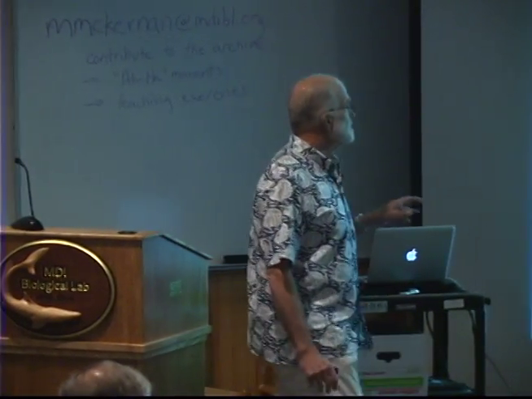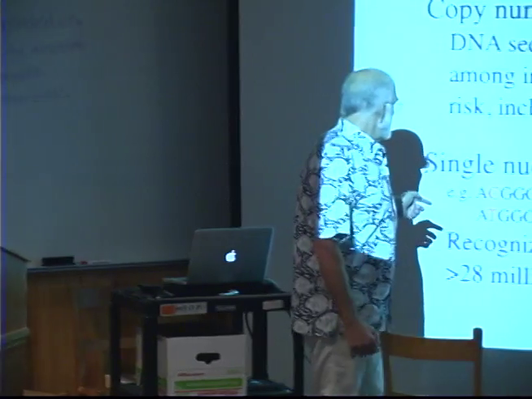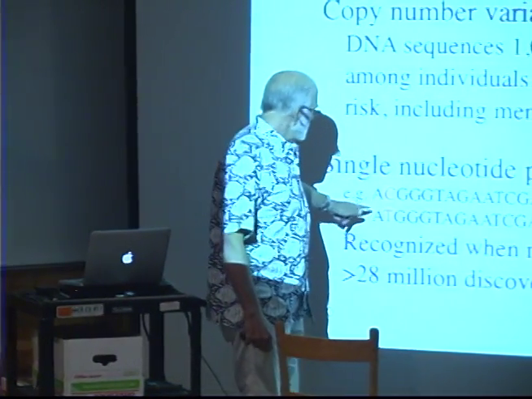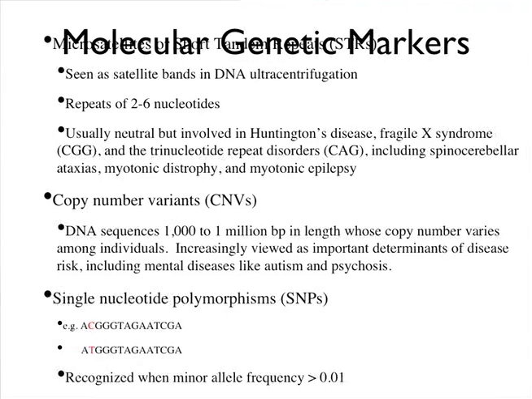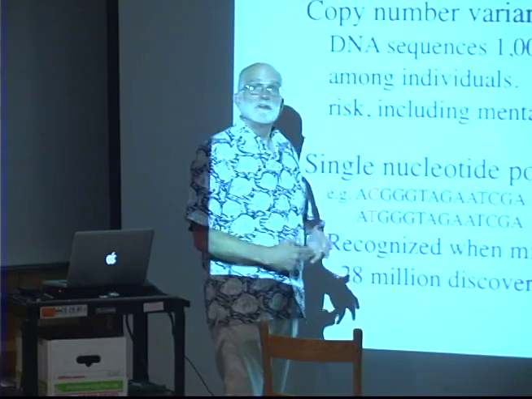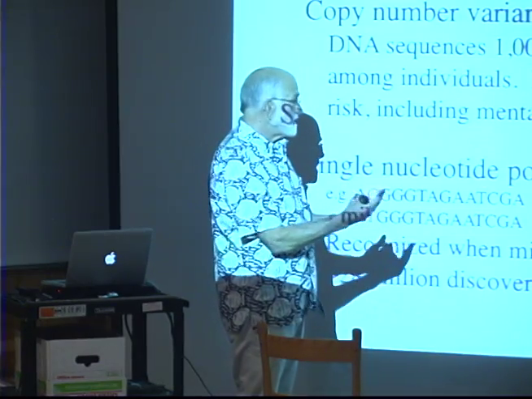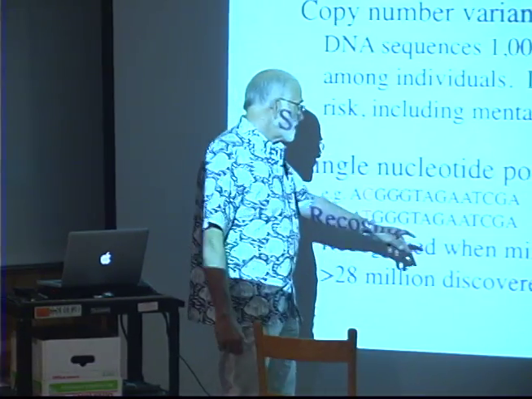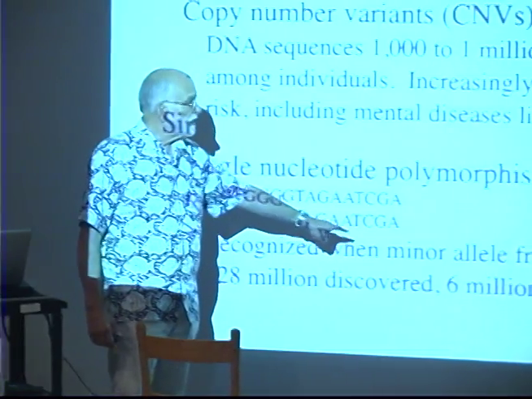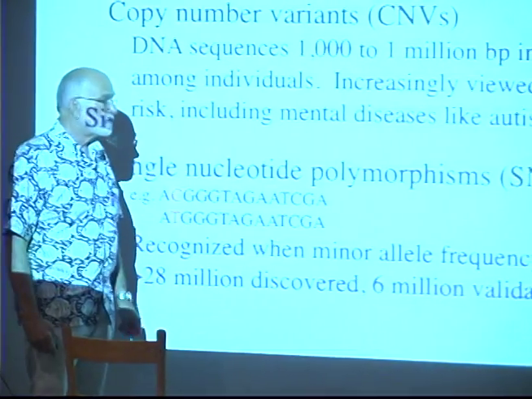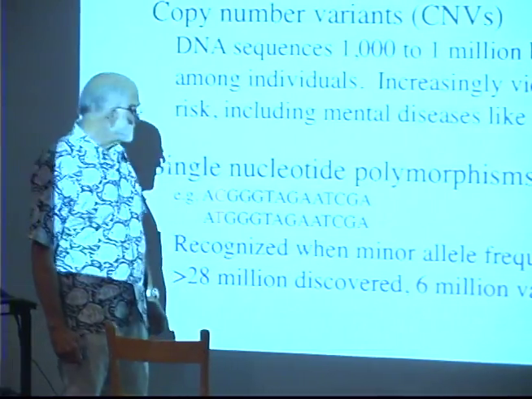And then the one which has become extremely popular since the sequencing of the human genome is the single nucleotide polymorphism. You can see one right here. So you'd have a long sequence in 2 people that was exactly the same except that they differ by one position. So that's a single nucleotide polymorphism. The convention is that you will recognize it as a polymorphism when the less frequent allele in the population has a frequency above 1%.